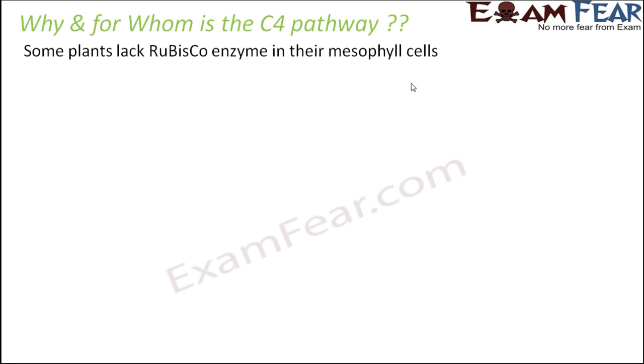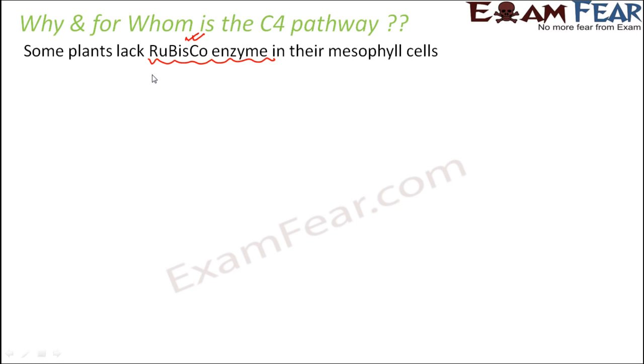Now it was observed that there was a certain set of plants which lack the rubisco enzyme in their mesophyll cells. Now if this enzyme is not present, do you think that the C3 cycle will be able to occur? Because the rubisco enzyme is the one which helps in the first step of the Calvin cycle, that is carboxylation.